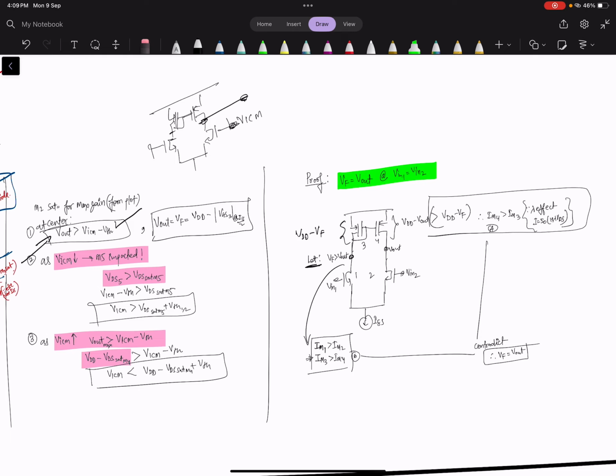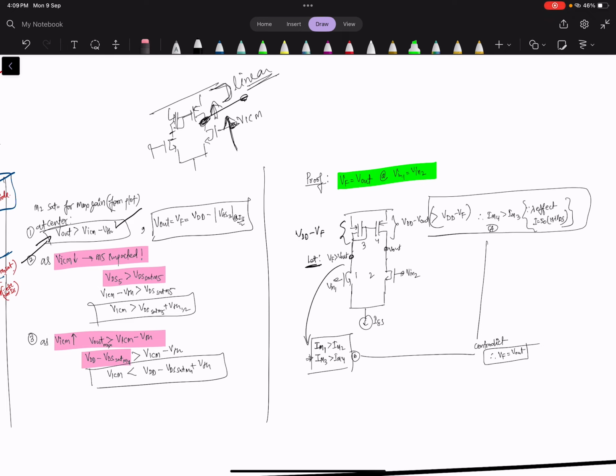Okay, and let's say if this is increased, what happens? If this voltage is high, then this voltage has to go high for the saturation region. But the problem is if it goes very high, this will go into linear.